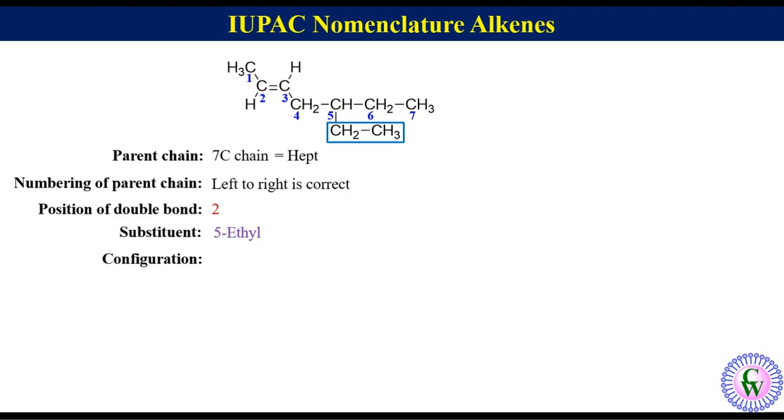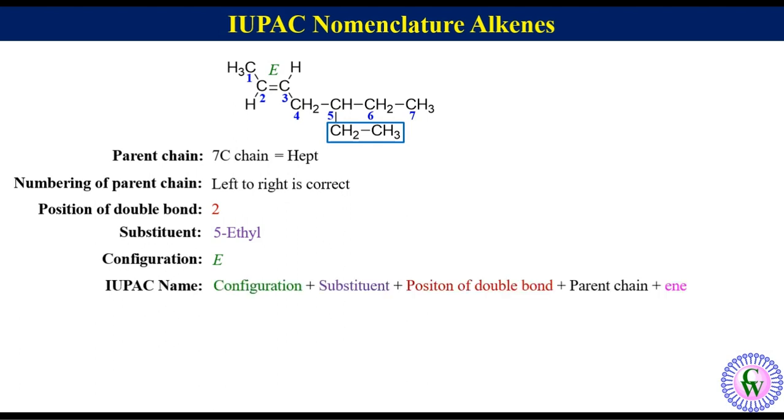Configuration, there is only one stereogenic alkene with E configuration. IUPAC name will be configuration plus substituent plus position of double bond plus parent chain plus ene. So the IUPAC name of this molecule will be E plus 5-ethyl plus 2 plus hept plus ene.